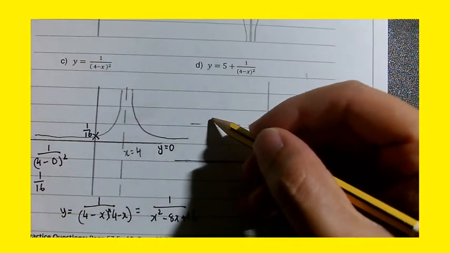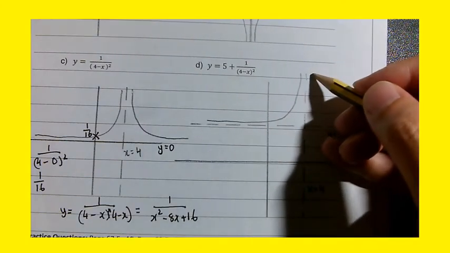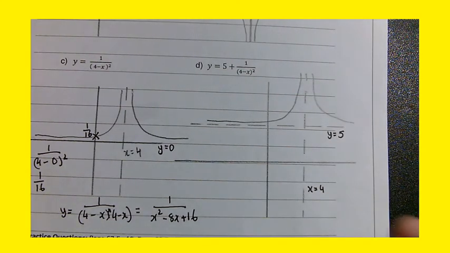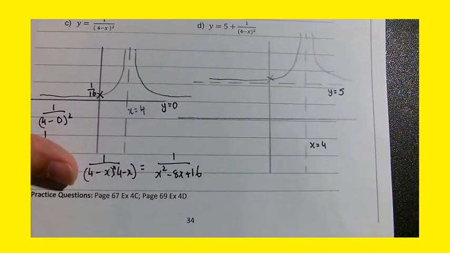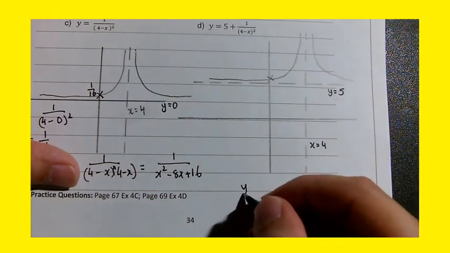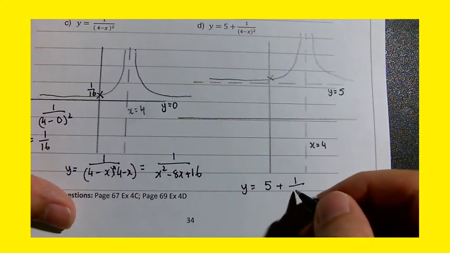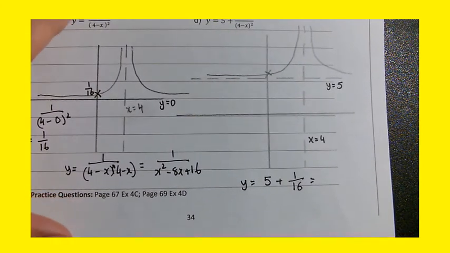Okay, and the graph will remain the same in terms of its behaviour around that asymptote. Okay, and obviously let's try and find the y-intercept. So I'm going to put in 0 again. Obviously when you put in 0, you're going to get 5 plus 1 over 16.